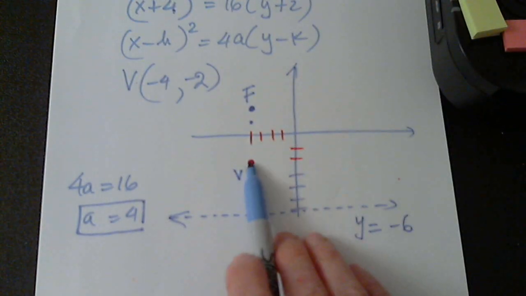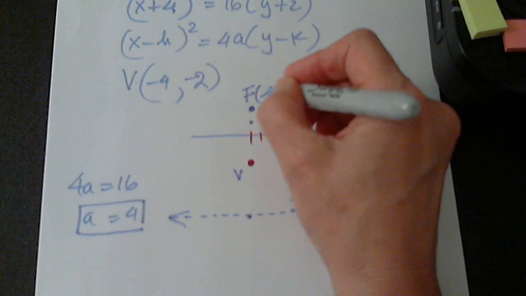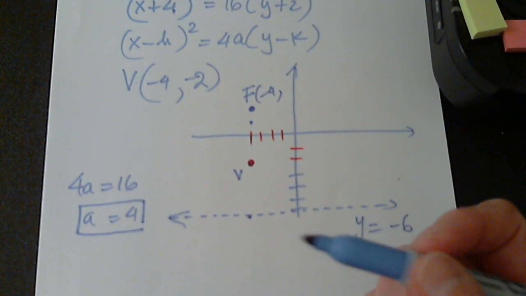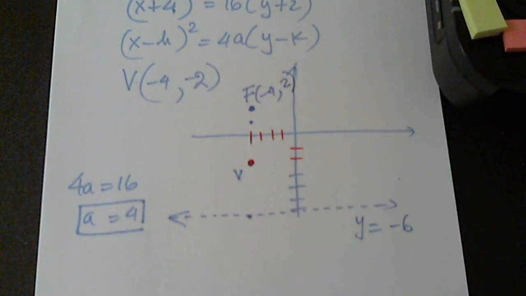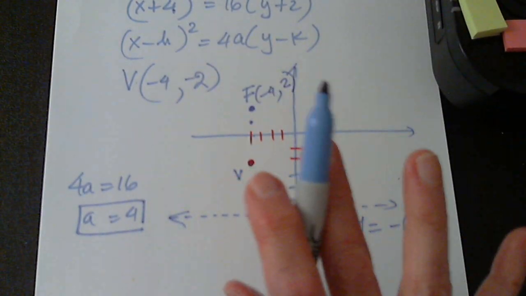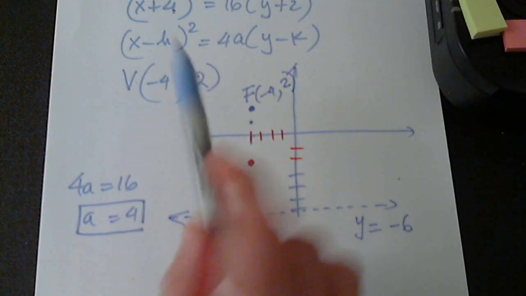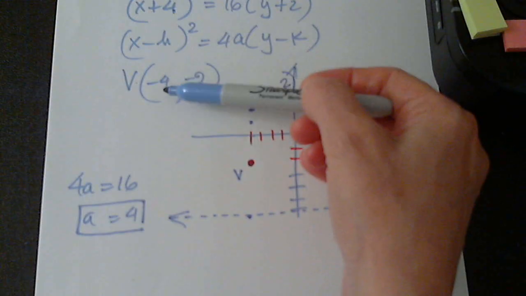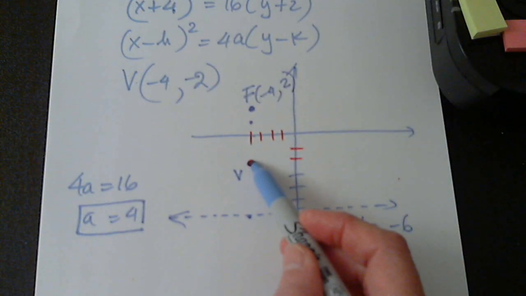Focus now, definitely x equals -4. But now let's determine the y value. So 2 here plus 2 more. So it's 2. From the beginning, one more time. We established that the vertex is (-4, -2). And we plot the vertex.